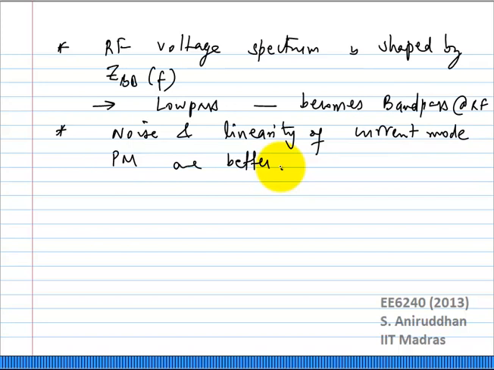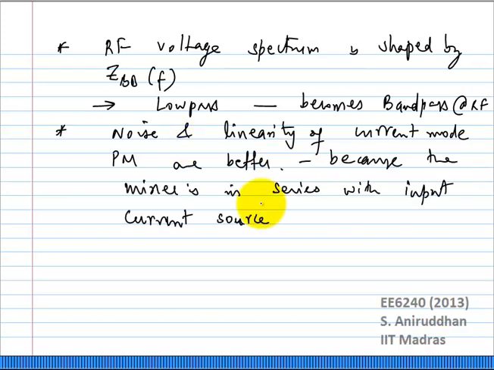Now, one of the reasons is because you are driving it with an ideal current source. Okay? The switches are actually in series with the current source. What do you know about anything which is in series with the current source? It tends to affect it much less than a voltage mode case. Correct? So, because of that, it is usually better. The noise and linearity are better than a voltage mode mixer.